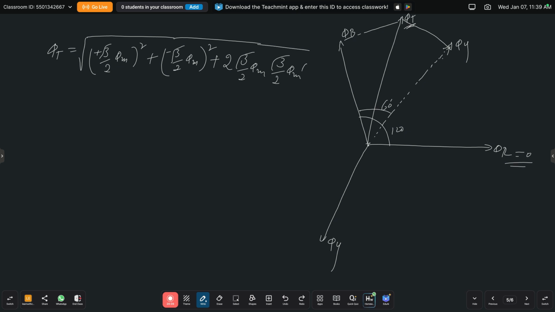What is the angle here? Cos 60 degrees. So substitute the φy value and φb value in the equation.